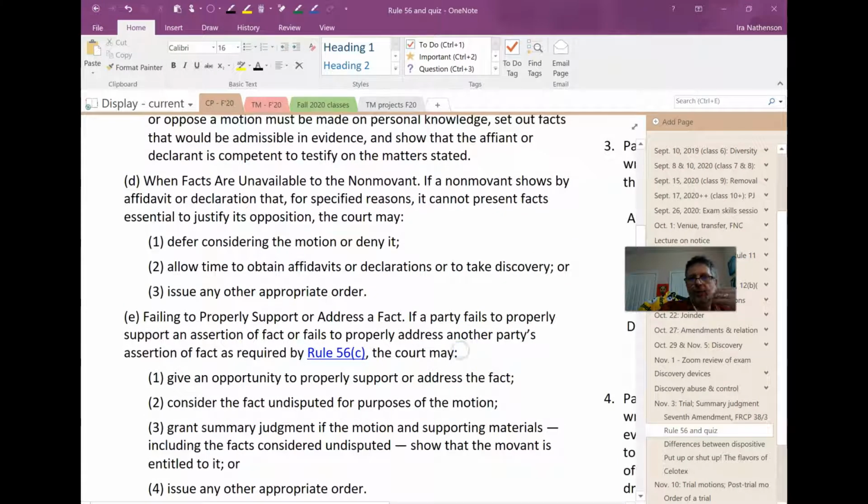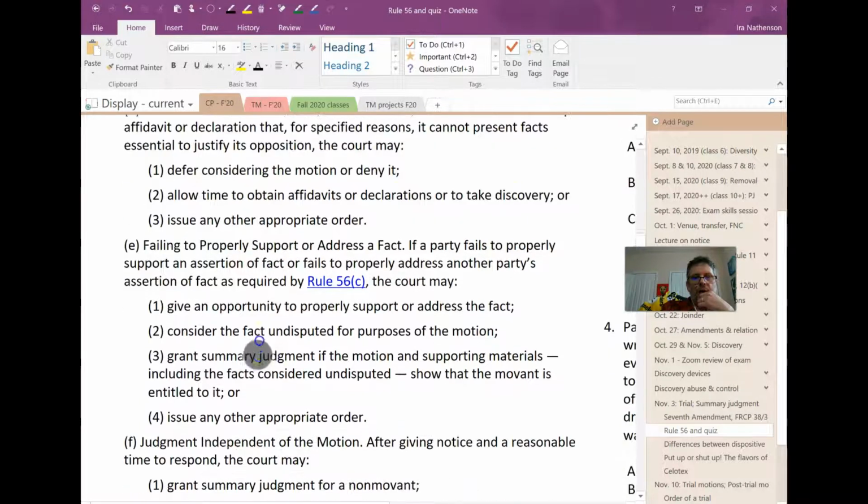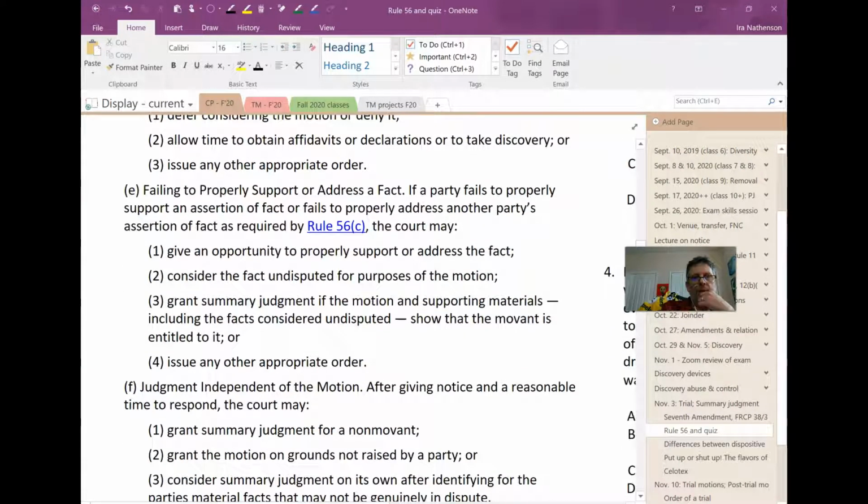Courts do not like summary judgment early on. So if you move for summary judgment too early, the court is usually going to either allow time for you to do discovery or get affidavits, or just hold off on deciding the motion. So an early, premature summary judgment motion is not going to be liked. Okay, let's see, what else?